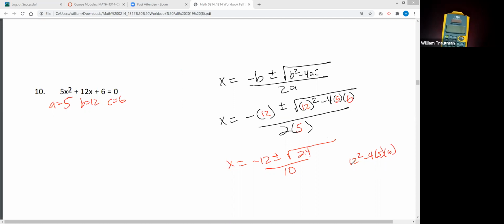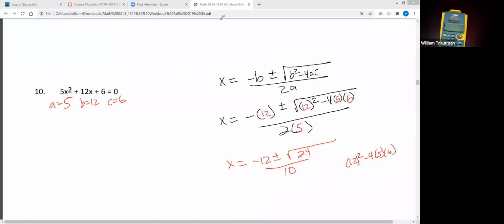I mean, you can put this 12 in parentheses too, but that's positive. 12 squared minus 4 times 5 times 6. Anybody get that? What did you get if you didn't get 24? I got negative 264. Oh, Lordy. Wait, we got 144 minus 120. Let's put it in the calculator.